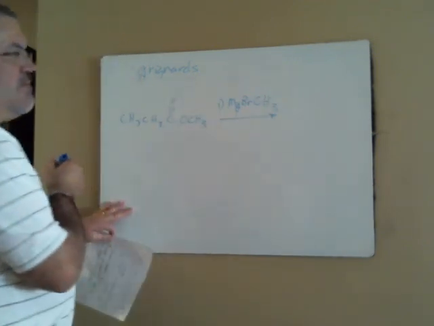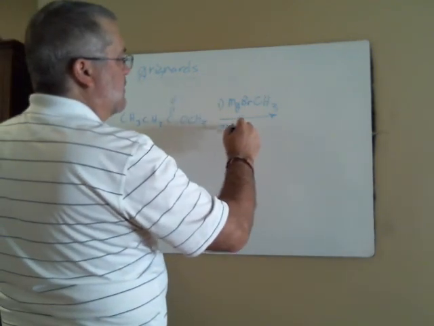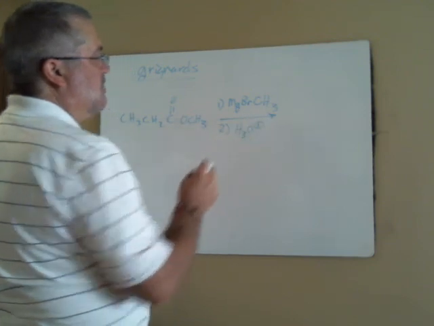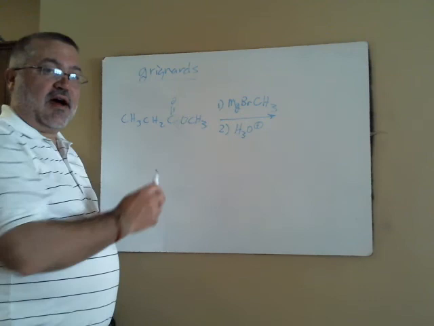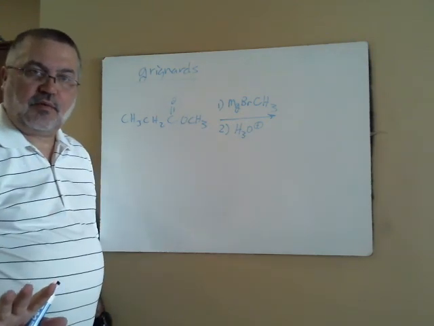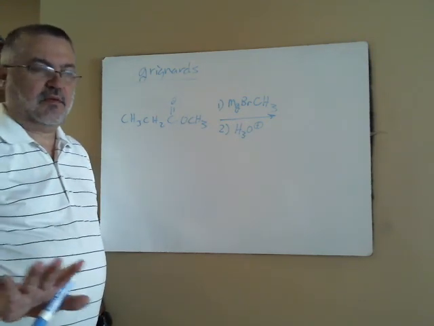Let's just use a methyl Grignard. Remember, we always follow that up with the acid workup. And remember, this is a carboxylic acid derivative, so just like with the hydride, this is review. We've already been tested on this.